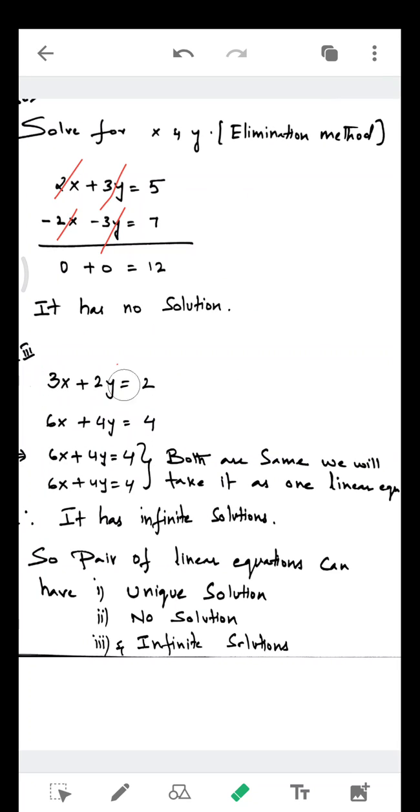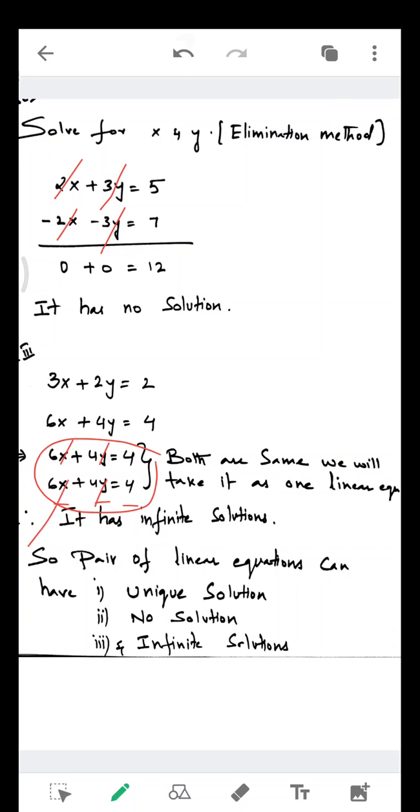So finally you can see here these two equations are nothing but the same. When you try to eliminate anything by subtraction, everything gets cancelled: 4y minus 4y, 6x minus 6x.